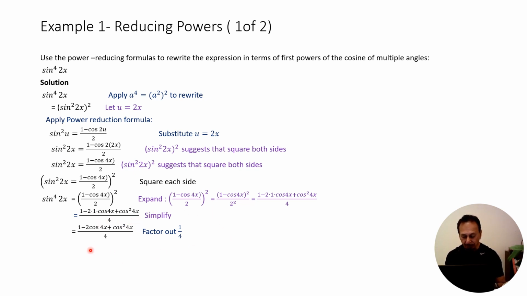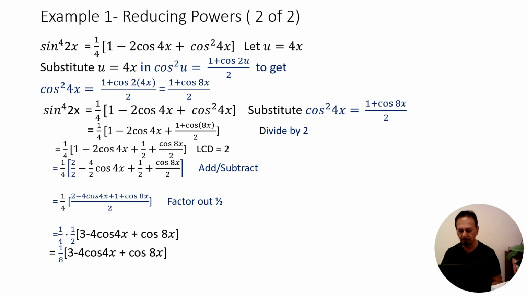Now we simplify, so you get 1 minus 2 cosine 4x plus cosine squared 4x over 4. Now we factor out 1 over 4. So we have sine to the 4th of 2x equal to 1 over 4 times 1 minus 2 cosine 4x plus cosine squared 4x.